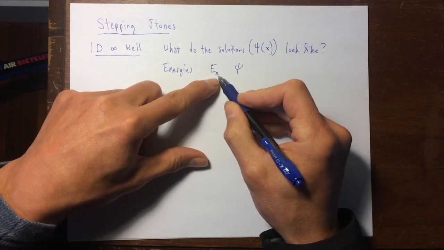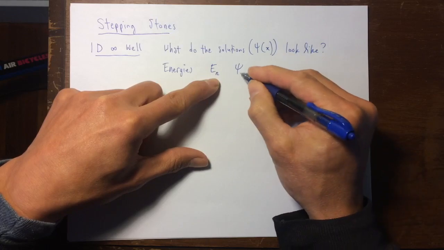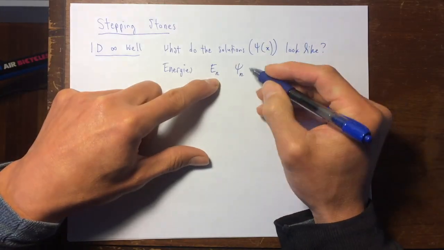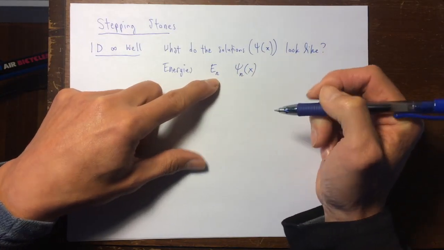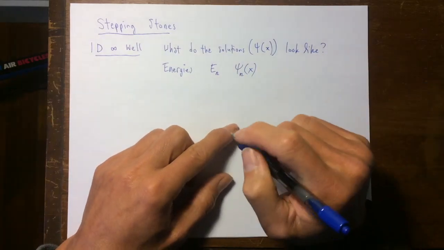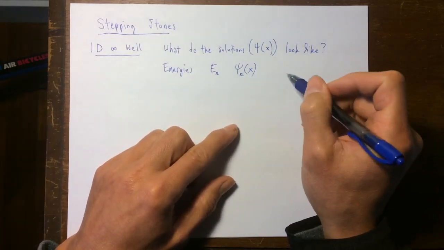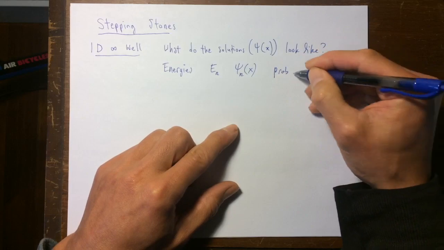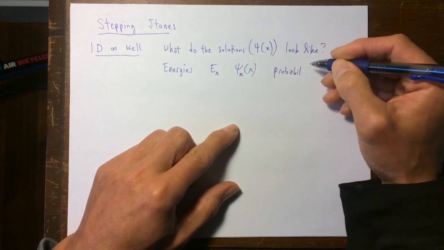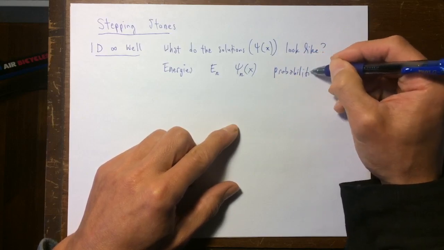So the energy of the nth level, and this is the wave function of the nth level, a function of x. And then you can form probabilities from the wave functions.